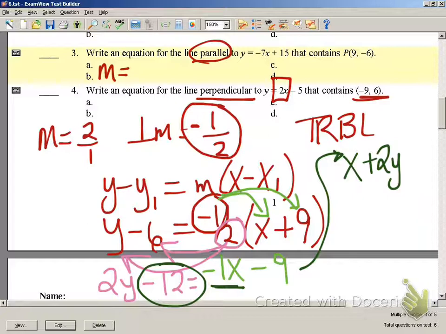So 12 minus 9 gives me 3. So there gives me the standard form of the equation of the line. Because why? A and B are both not zeros. Everything is integers. And A is also positive. Do we have to put it in standard form? In this particular problem, it doesn't tell us to, but we chose to.